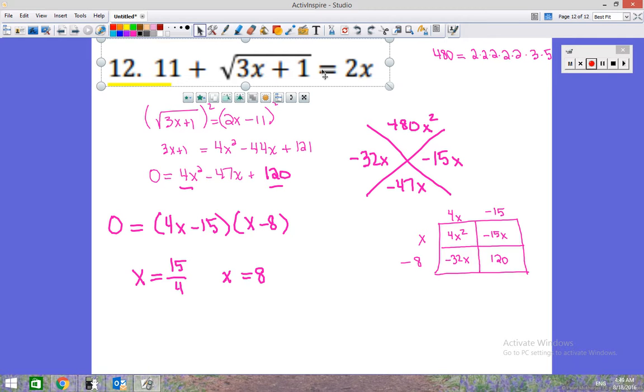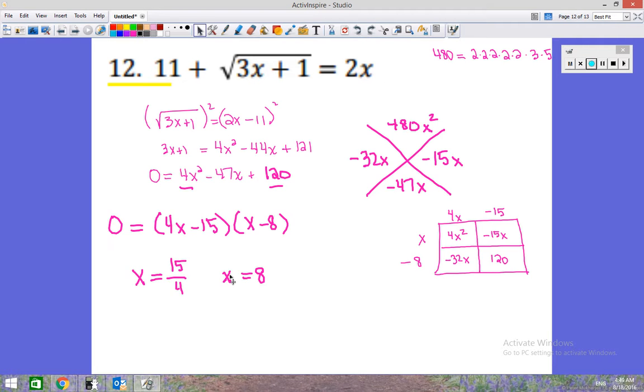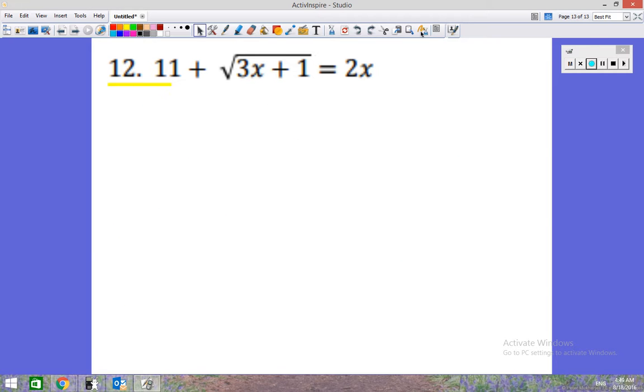So I'm just going to move this to the other page and take along my values that I'm going to check. All right, so let's check the 15 over 4.